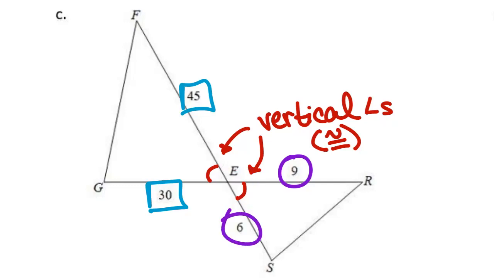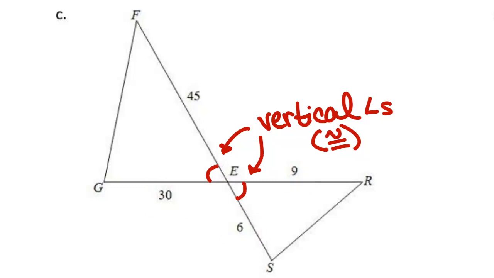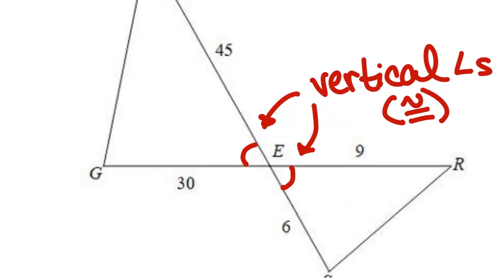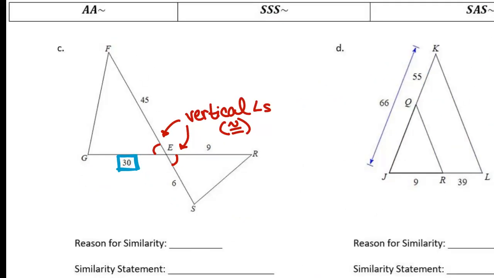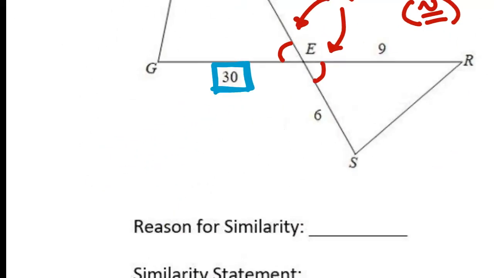I have to show that those sides are proportional to each other. So I'm going to have to set up some fractions and check to see if it comes out to be the same. All right, so I got to pick a number to start with. I'm going to start with 30. So we are checking for proportional sides.